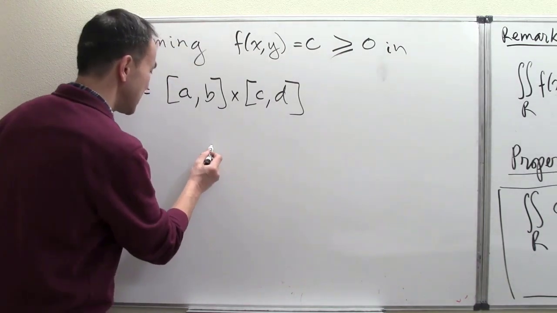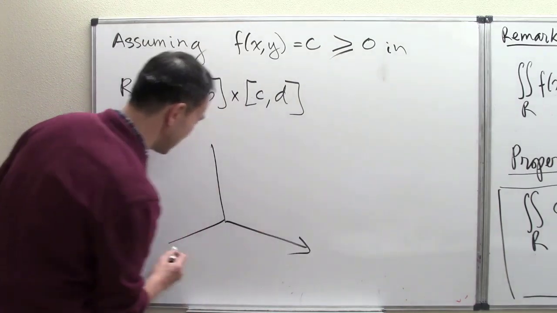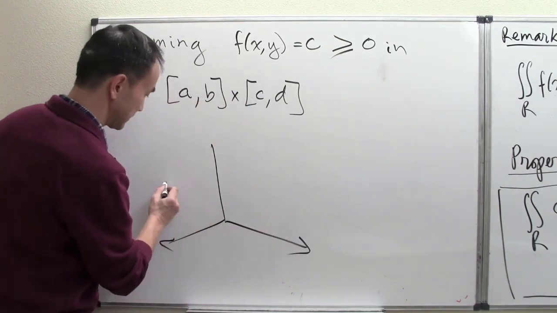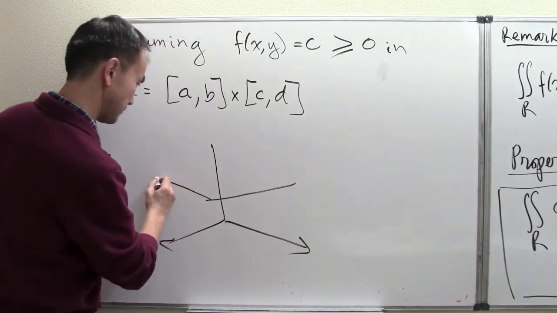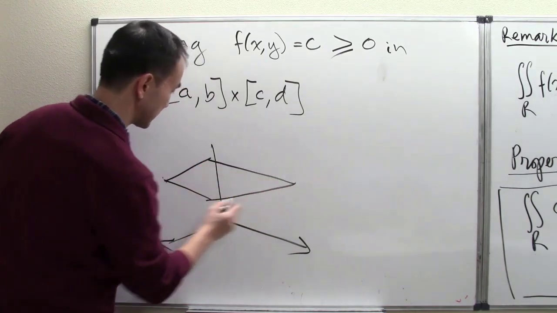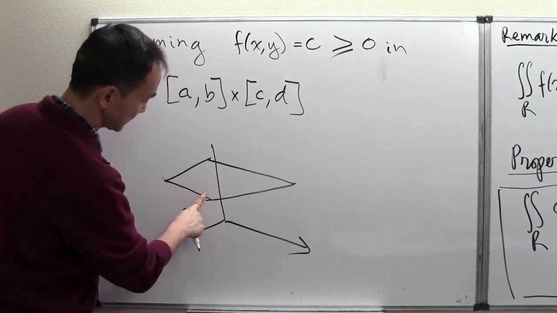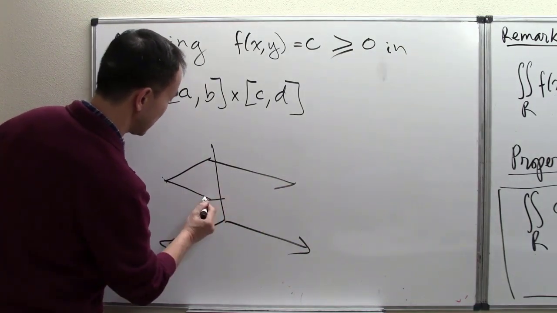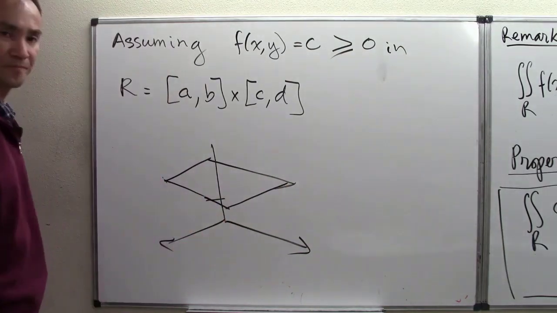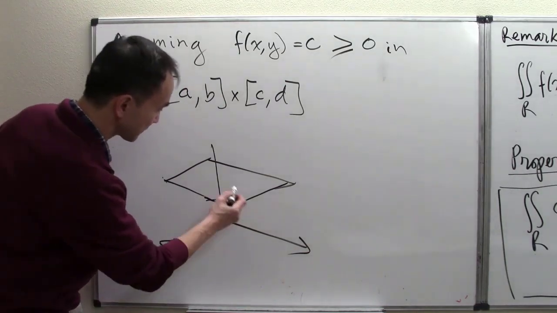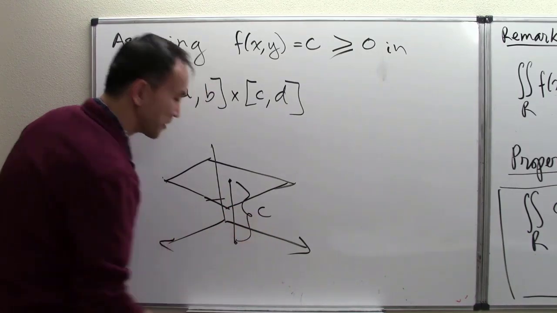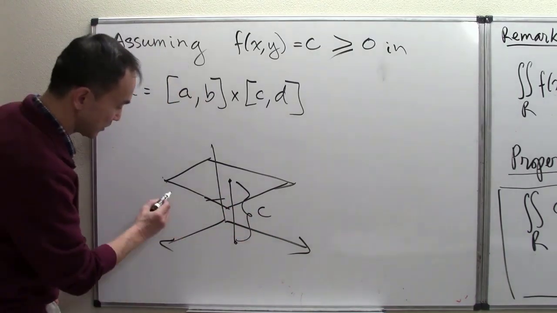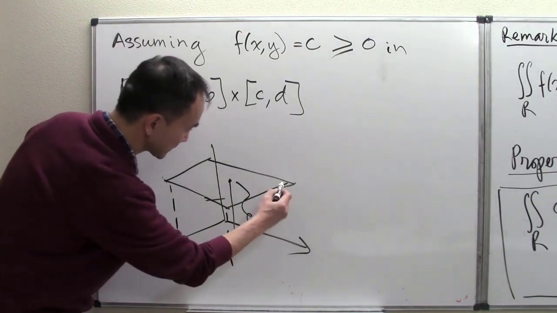But that just means we have a flat surface somewhere above the region, and so that height is always c. That's the height right there. And so in your region, it's going to be like this.